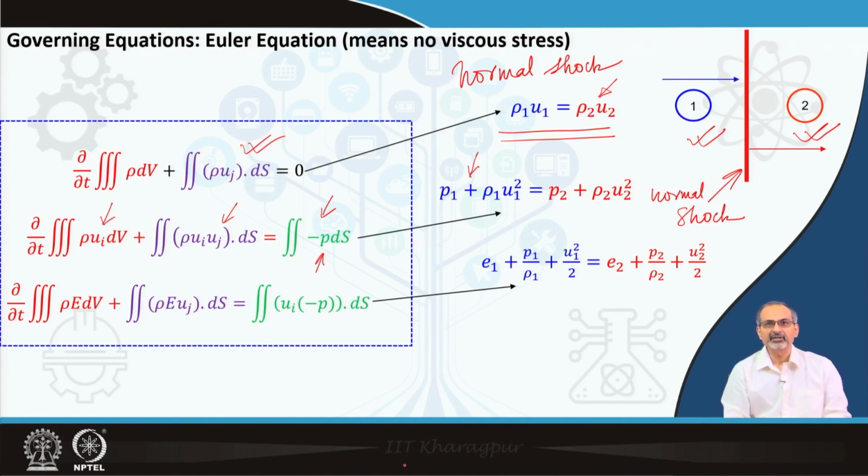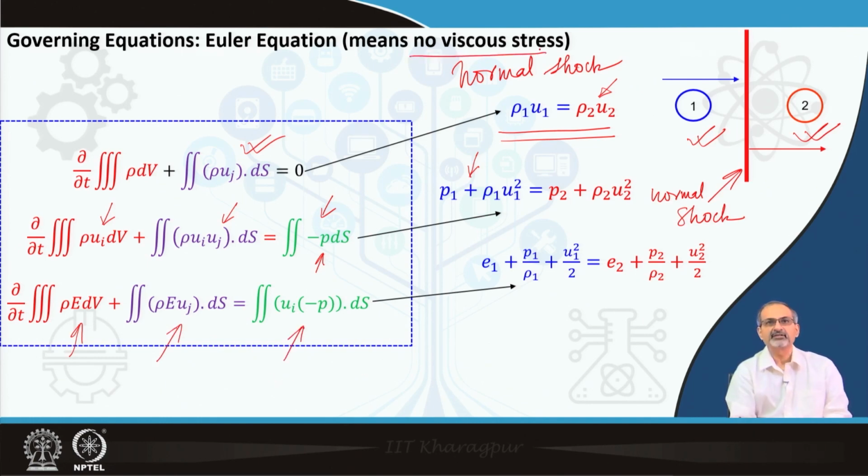Coming to the energy equation, we assume again that it is steady. We also assume that there are no body force effects and heat transfer effects. So, we assume it to be an adiabatic flow, and then these are again the only terms which are contributing. Of course, we continue to assume that it is inviscid.